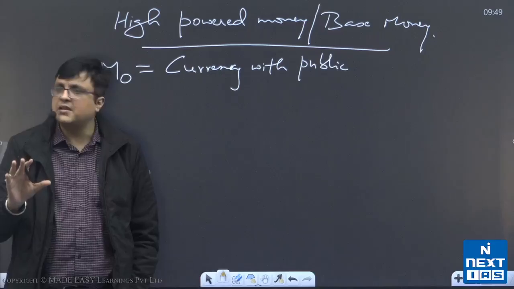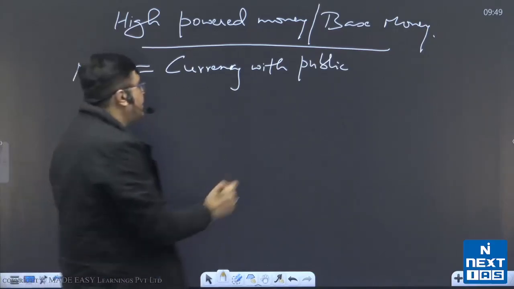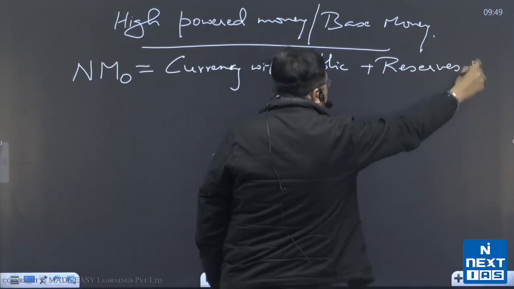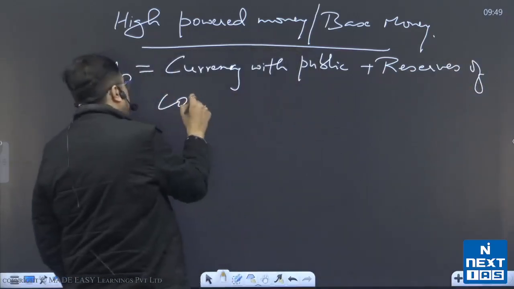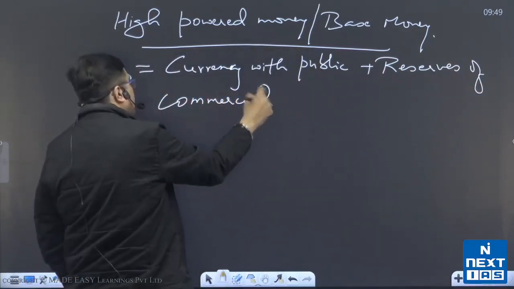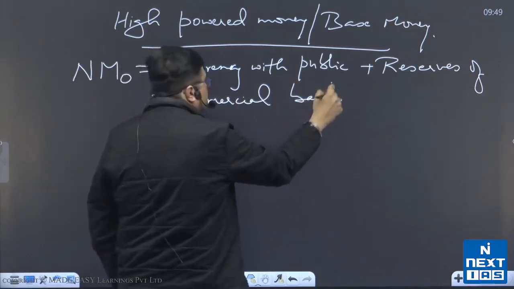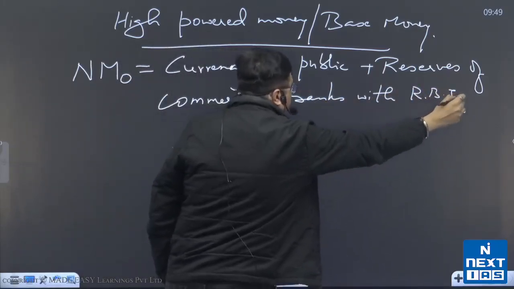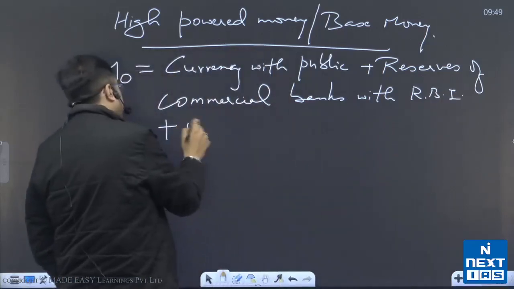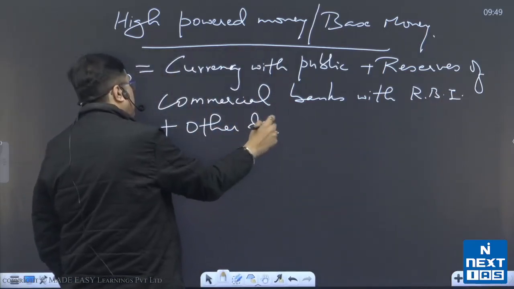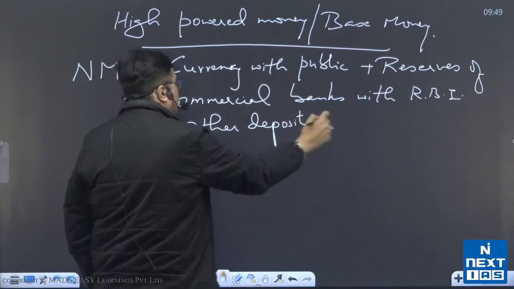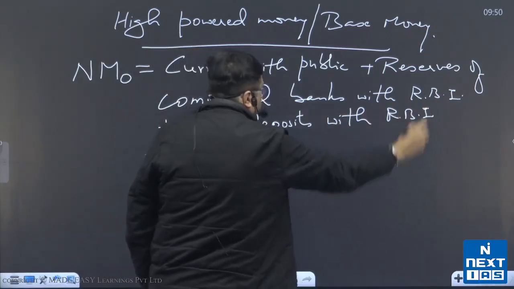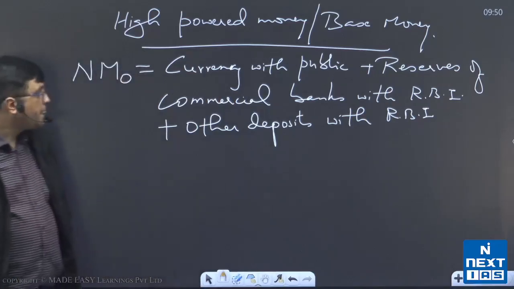All right, the money that is held by people plus reserves of commercial banks with RBI plus other deposits with RBI.